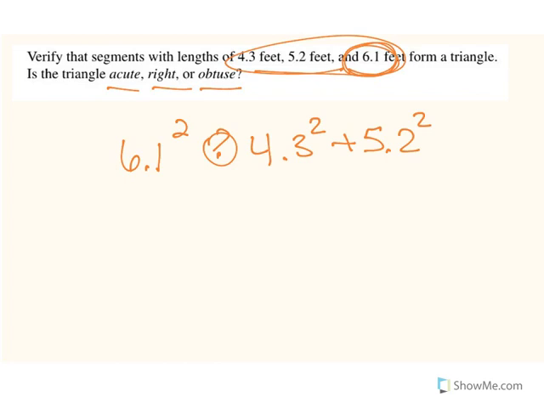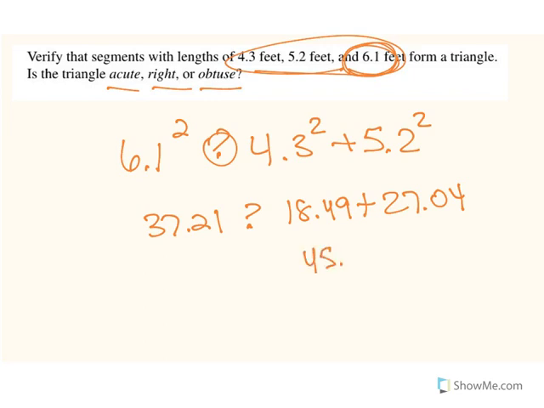So 6.1 squared is 37.21. 4.3 squared is 18.49. And 5.2 squared is 27.04. So when I add those two up, I get 45.53, and 37.21 comes down.